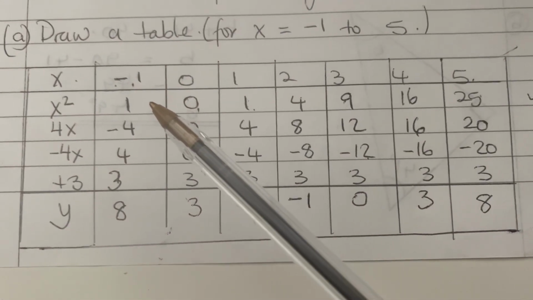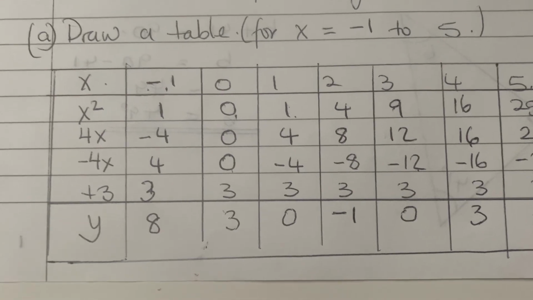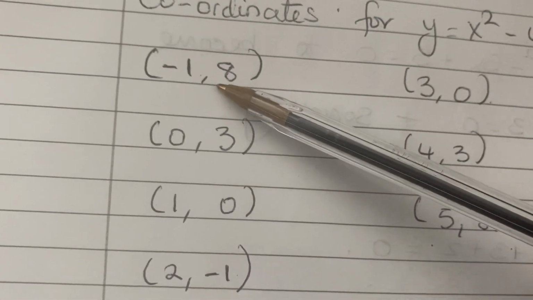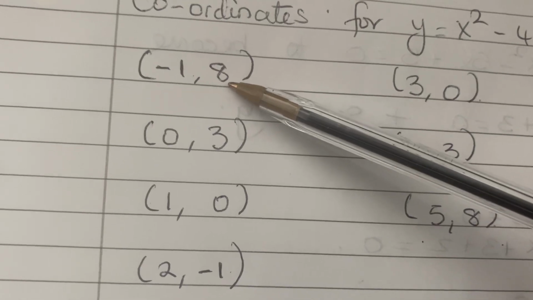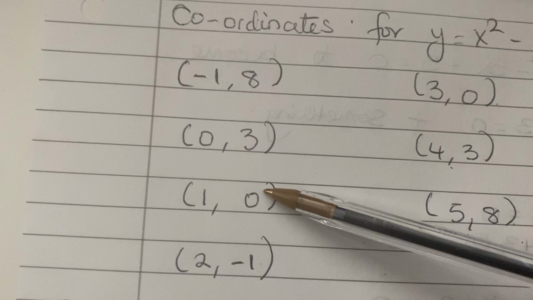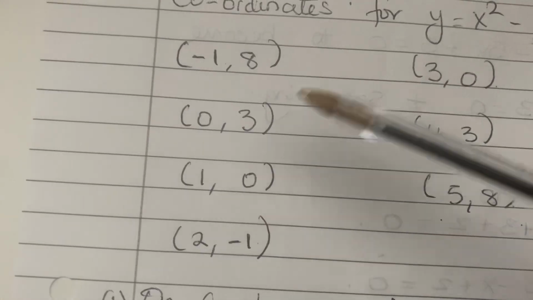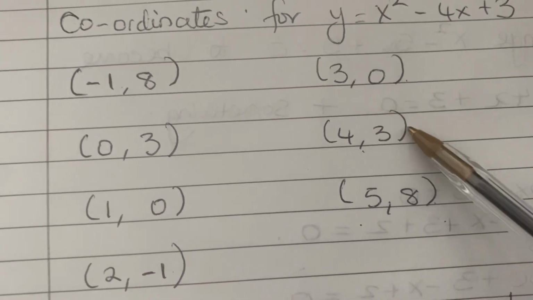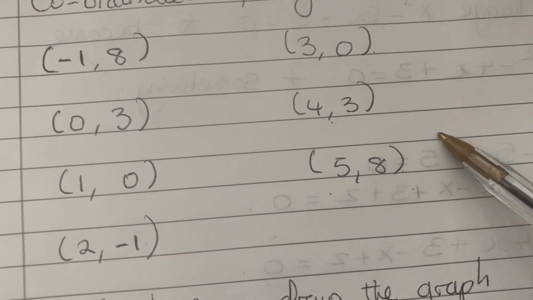You can go and do it by yourself. After this, I normally encourage you to write the coordinates. So from the table, you have the coordinates minus 1, 8; 0, 3; 1, 0; 2, minus 1; 3, 0; 4, 3; and 5, 8.